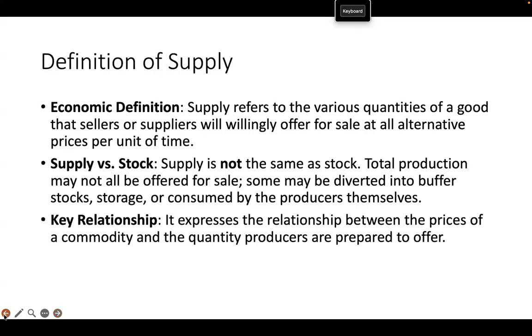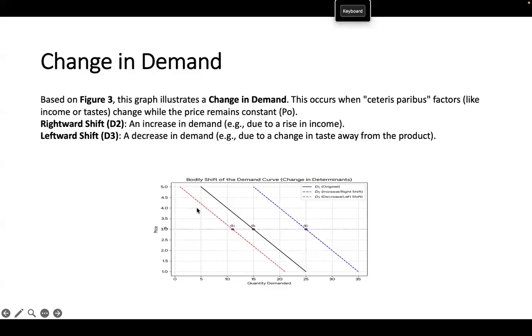Any question on it? Yes, Richard, please. So please, in this case, do all the factors affect the changes, or is it only price? In this case, it's all the other factors.